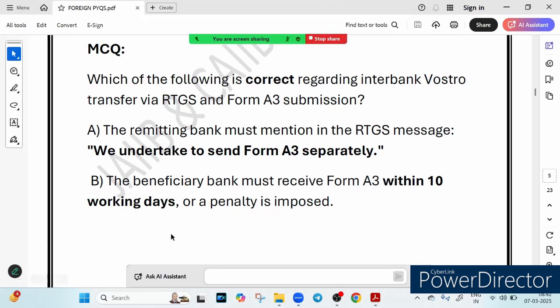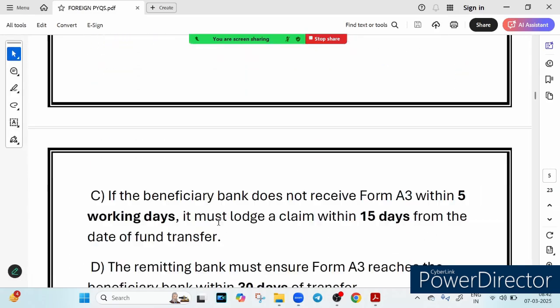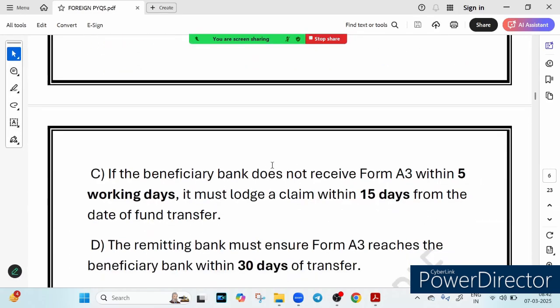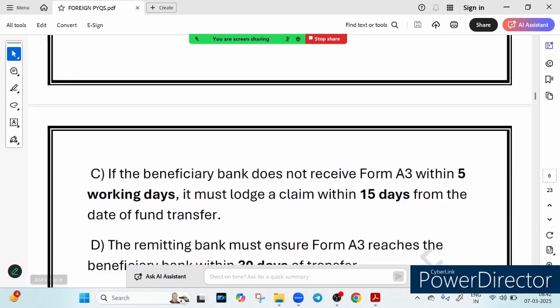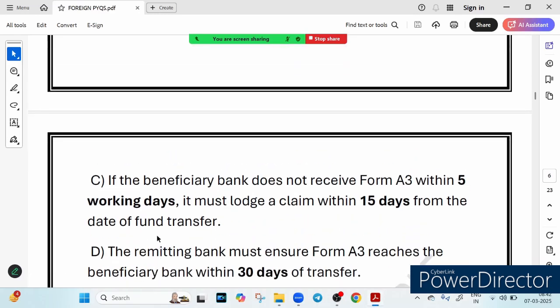Option B, the beneficiary bank must receive Form A3 within 10 working days or a penalty is imposed. Option C, if the beneficiary bank does not receive Form A3 within 5 working days, it must lodge a claim within 15 days from the date of fund transfer. Option D, the remitting bank must ensure Form A3 reaches the beneficiary bank within 30 days of the transfer. These are the 4 options.